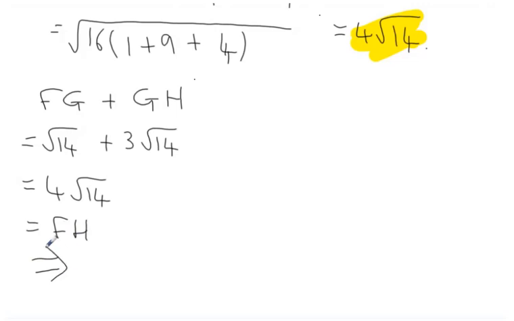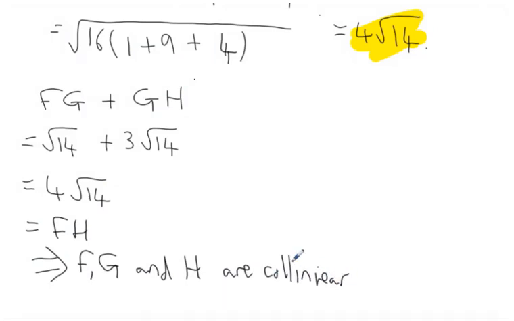Therefore, it follows that F, G and H are collinear. Okay, so you could draw a straight line that goes through all 3 points.